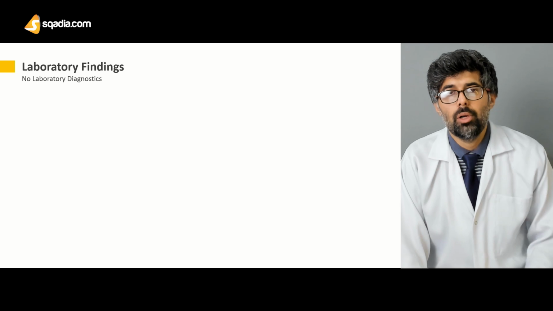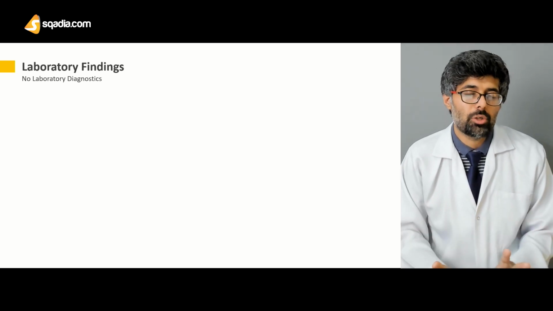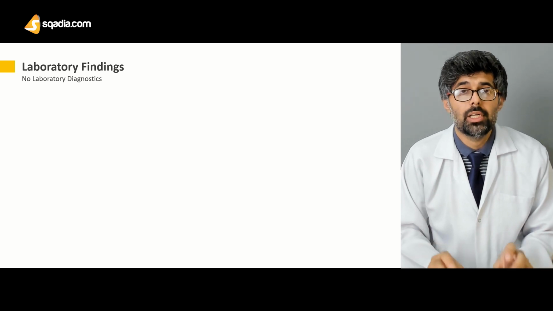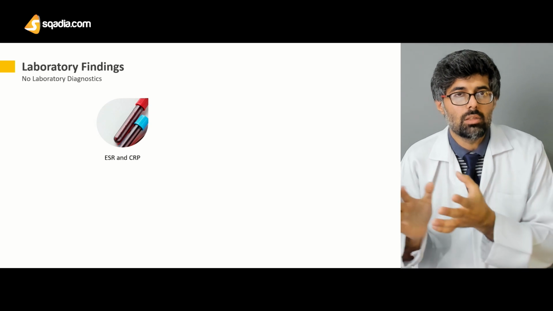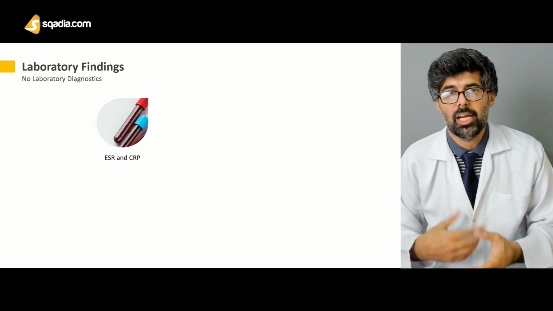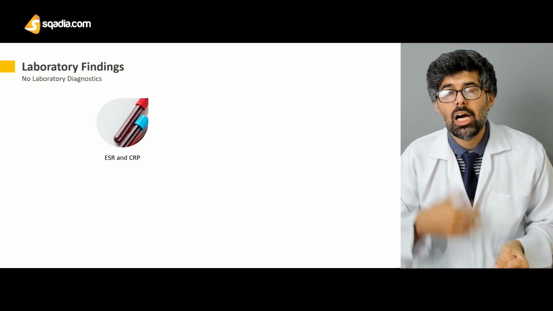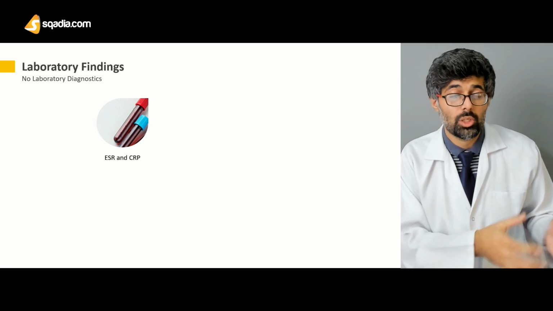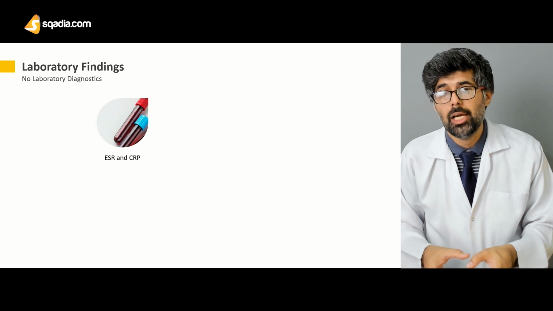Now, let's talk about laboratory findings. There are no specific laboratory findings when it comes to psoriatic spondyloarthritis, but there are certain findings that can help with the diagnosis. Psoriatic spondyloarthritis is mostly a clinical diagnosis. It is not a lab diagnosis, but these tests can help with your diagnosis.